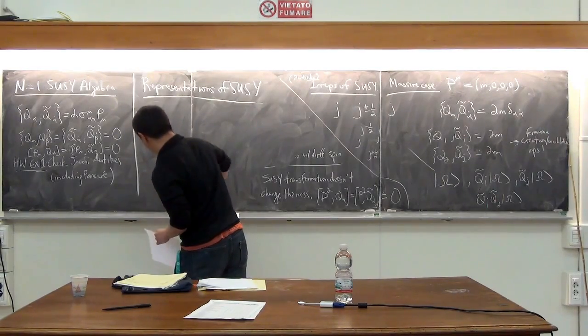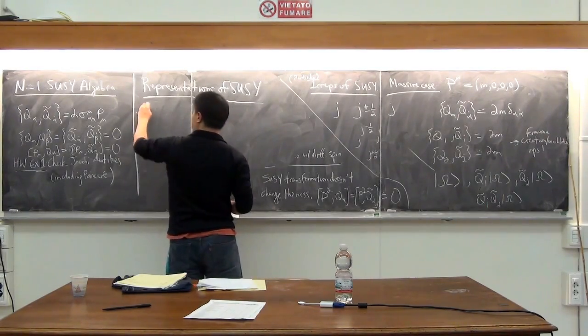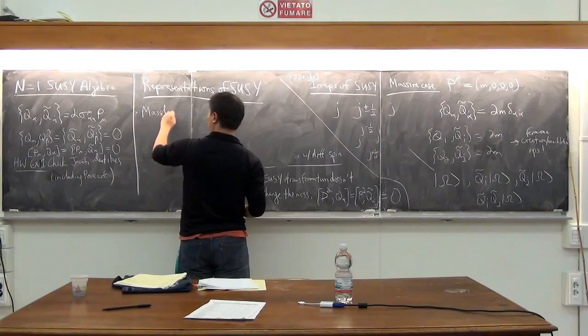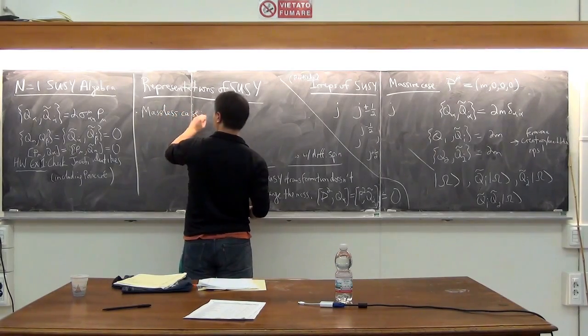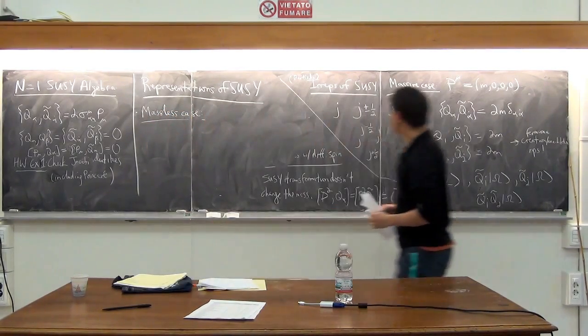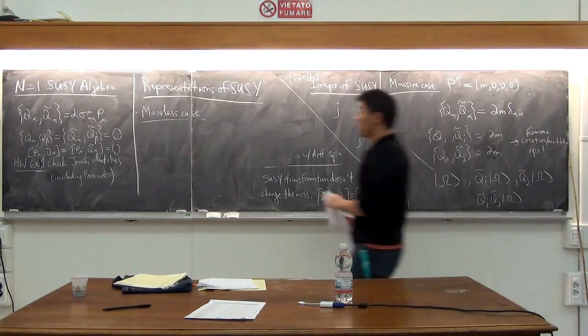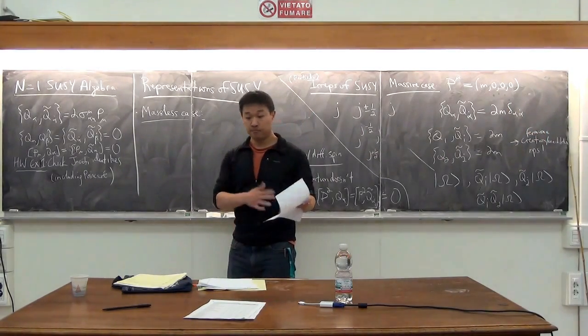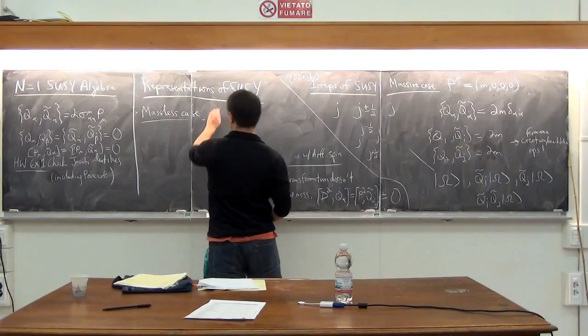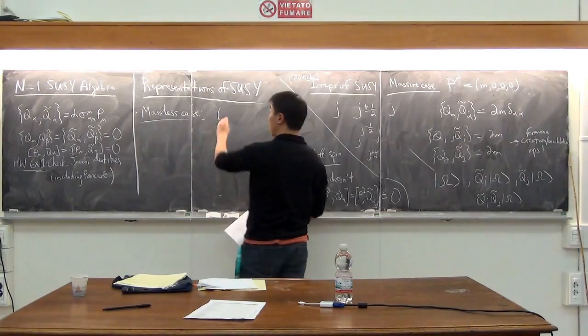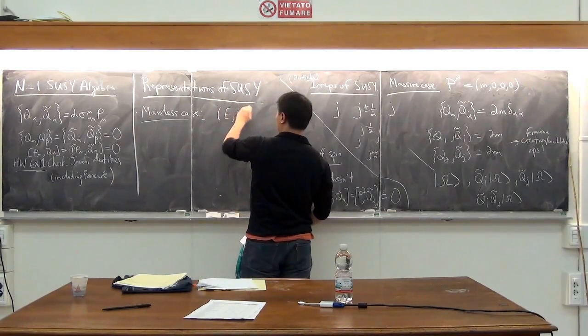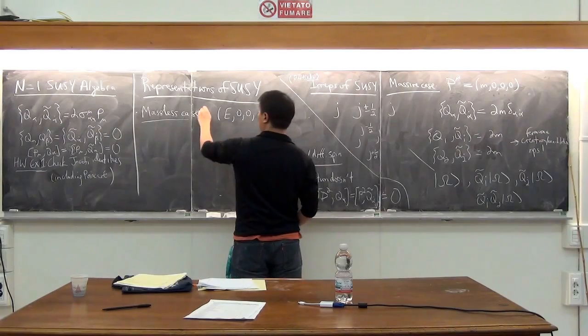Now the massless case is slightly different. Why? Because I can't boost to the rest frame anymore. So the best I can do is align the momentum in some direction, and we always like to go to the z direction.